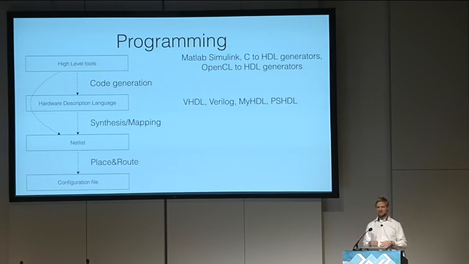Sometimes it guesses wrong, so you need to find those features where it got it wrong. Then you have what's called a synthesis, which translates what you have written into blocks that can be placed on an FPGA: lookup tables, multiplexers, shift registers, and all this stuff. And the result is a netlist.